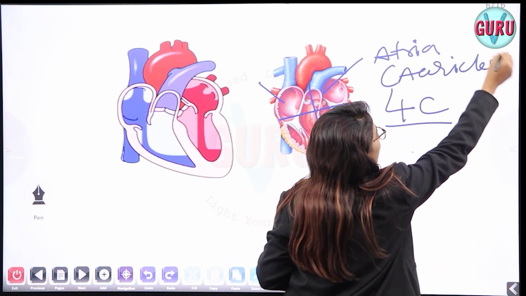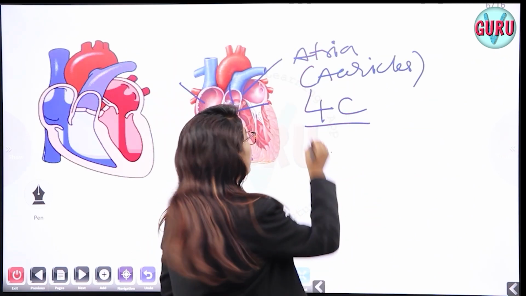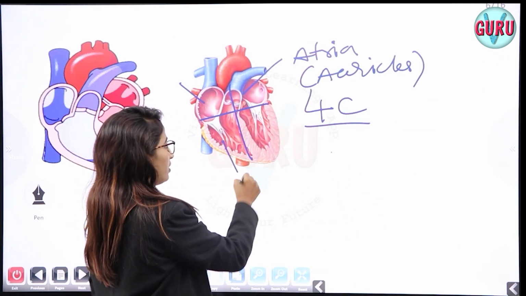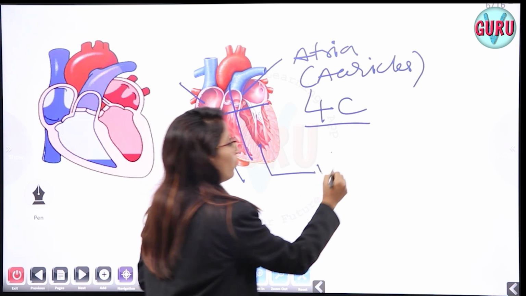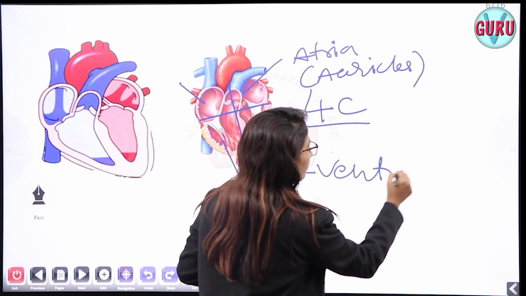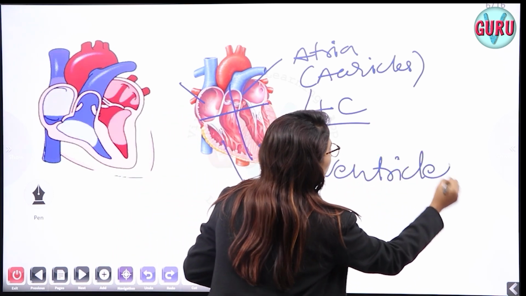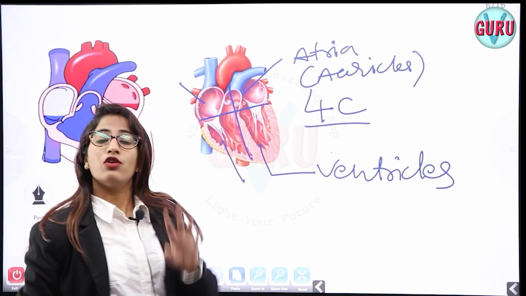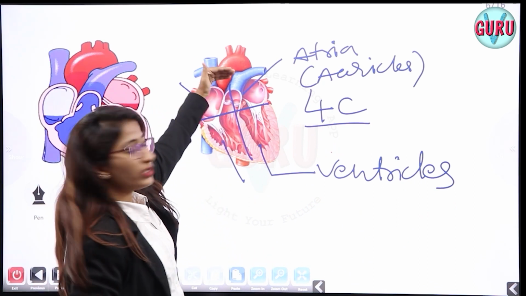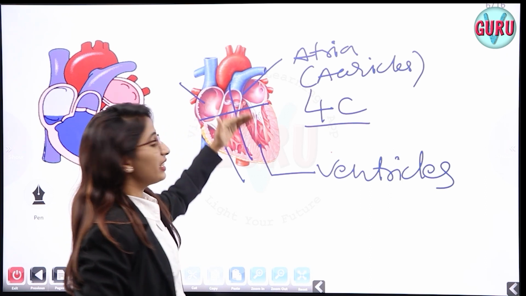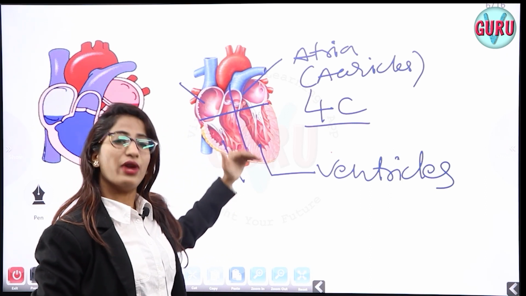We also call them auricles. The lower 2 chambers are called ventricles. So altogether we have 4 chambers. The upper 2 chambers are called auricles and the lower 2 chambers are called ventricles.